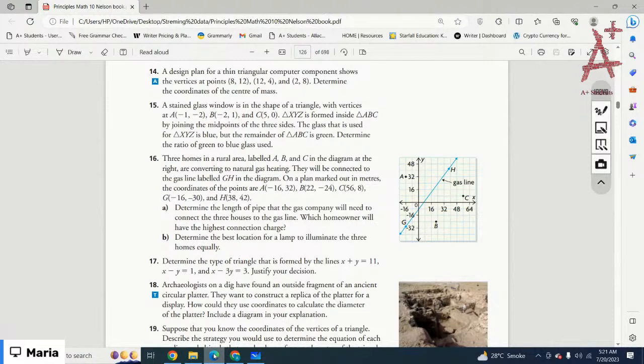Determine the type of triangle that is formed by the lines x plus y equals 11, x minus y equals 1, and x minus 3y equals 3. So to classify which type of triangle it is, we are going to write down the equations in the form y equals mx plus b.